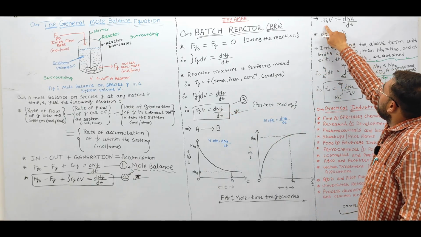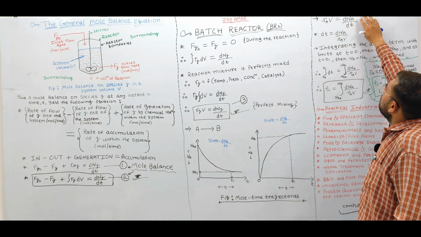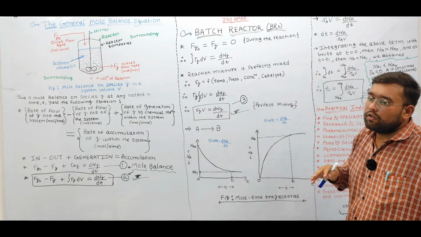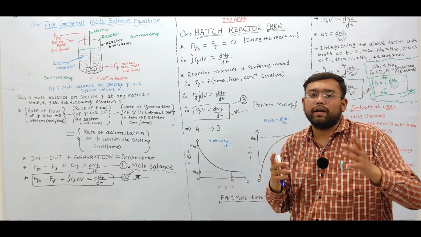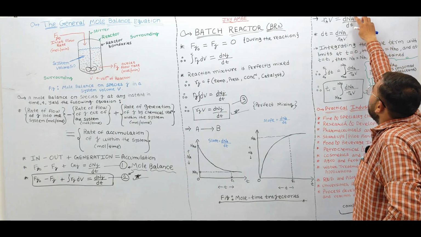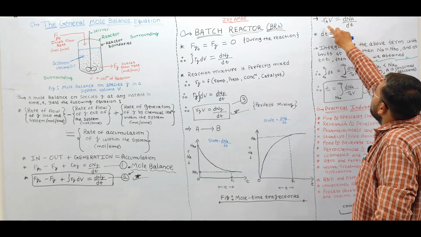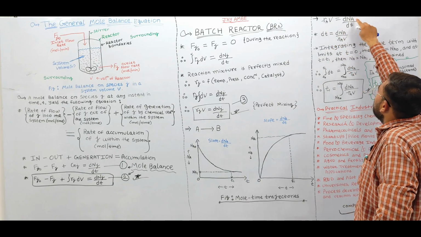So here we write minus Ra into V equal to dNa by dt, because we are deriving with respect to the reactant species. Na represents the number of moles of reactant species. So minus Ra into V is equal to dNa by dt.